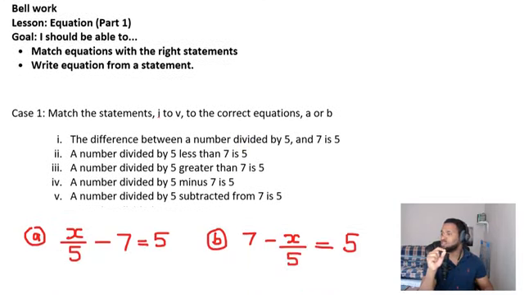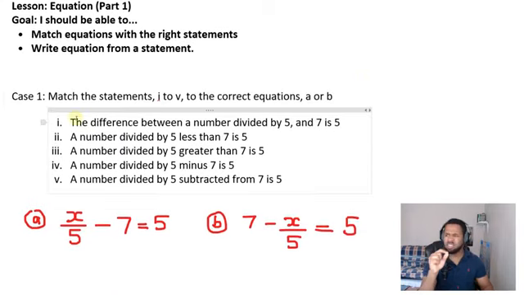The first statement says the difference. Difference we know is subtraction, right? So the first number before the minus sign is going to be considered the bigger number.